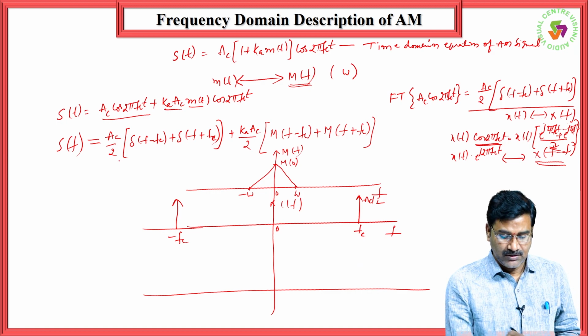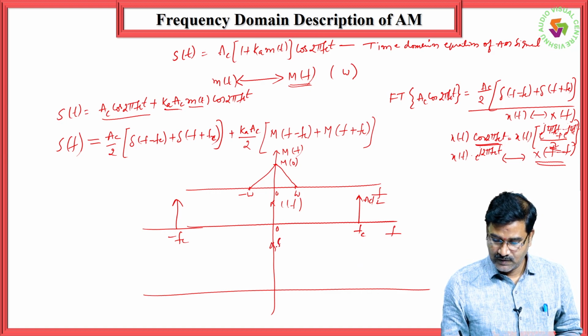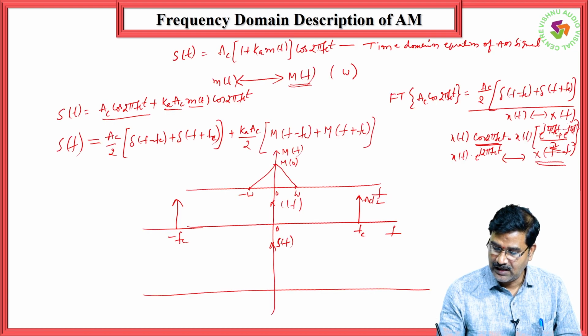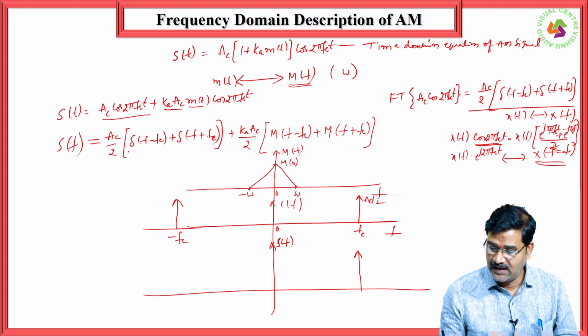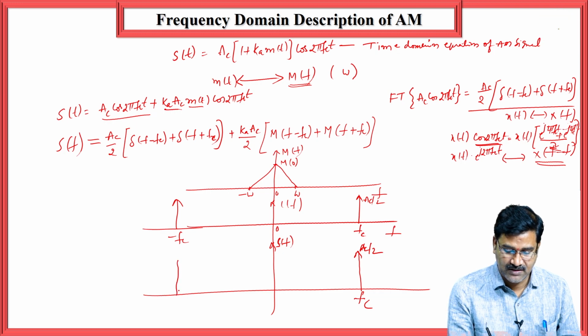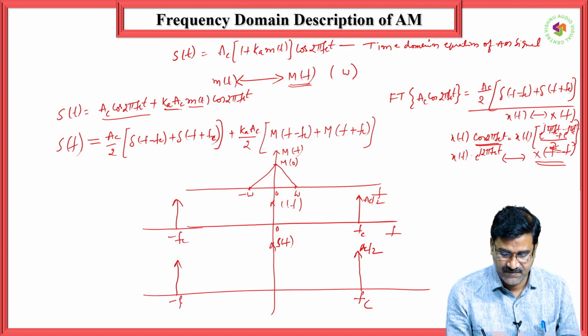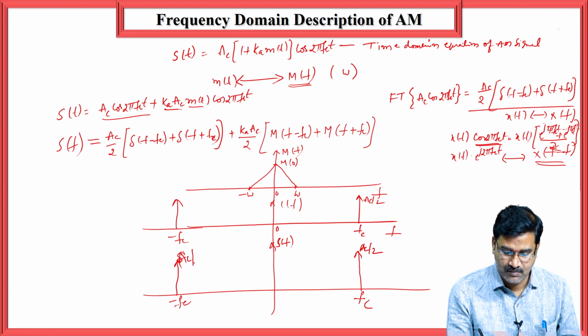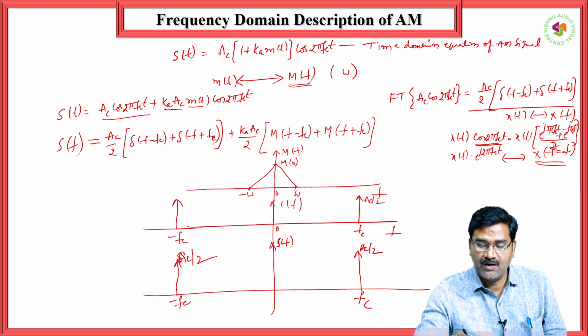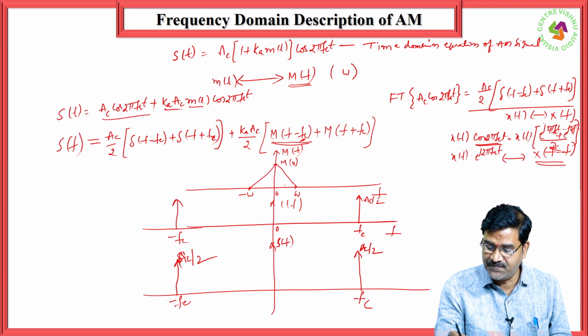Then if you consider S of f, this is delta of f minus fc, meaning you will have a delta function at fc with magnitude Ac by 2. You have another delta function at minus fc with magnitude Ac by 2. Then you have a message component at fc, right? M of f minus fc, that is M of f shifted by plus fc, meaning the same thing will be shifted here.